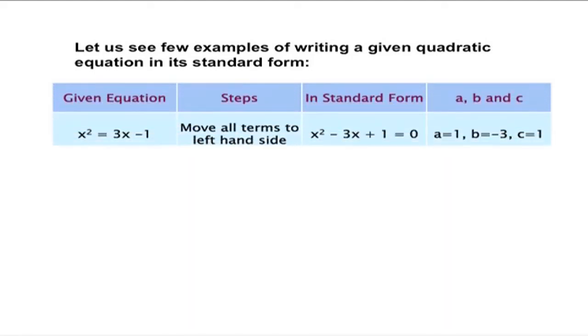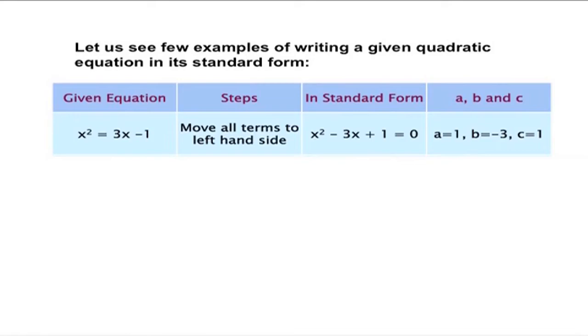First equation is x square equal to 3x minus 1. Now the steps: move all terms to the left hand side and you will find its standard form is x square minus 3x plus 1 equal to 0.